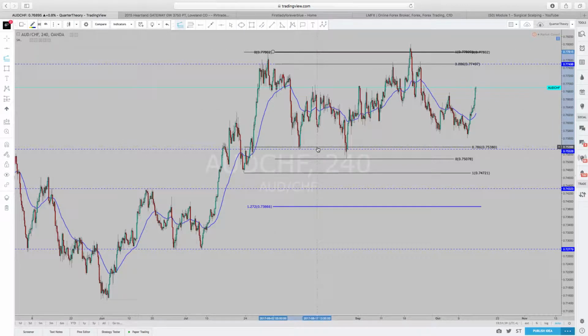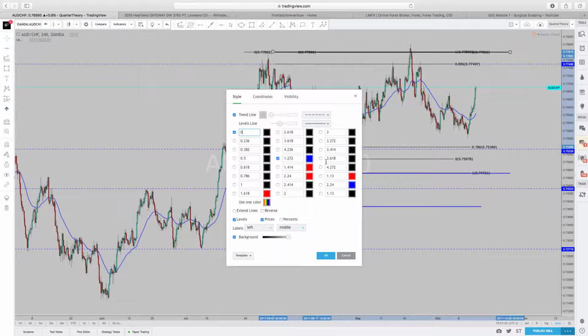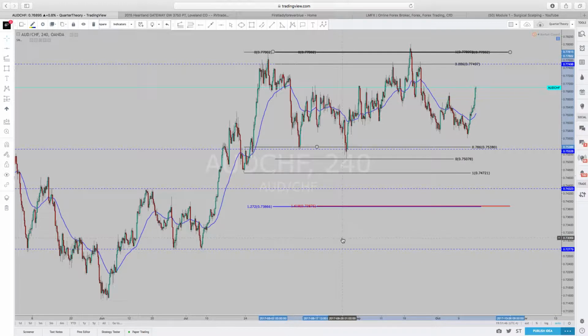I use the fib, B, A, 1618. And look at this, the exact fib clutches. This is a strong area of support. If I want to draw this out, it would look like this: X, A, B, C, D. So now we have what we call a bullish butterfly.